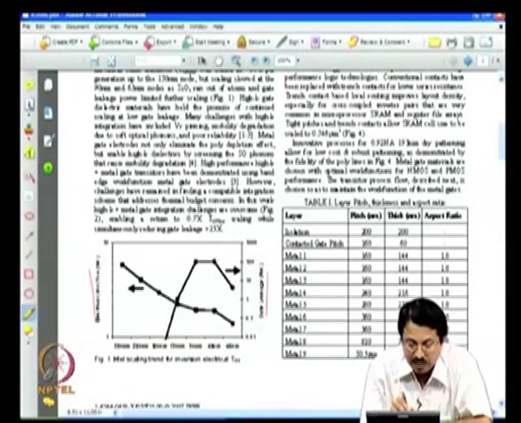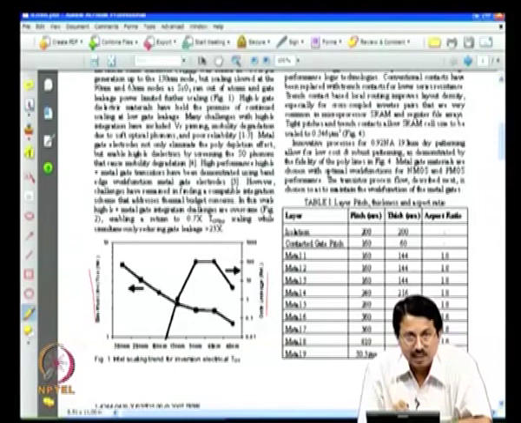At 65 nanometer generation they were not able to scale the gate oxide thickness, because as we started decreasing the gate oxide thickness, leakage current suddenly started increasing because of direct tunneling current. And because from 90 nanometer to 65 nanometer they did not have a mature high K gate dielectric technology, they could not scale the oxide thickness. They kept the oxide thickness as is, and then the leakage current stayed at the same level.